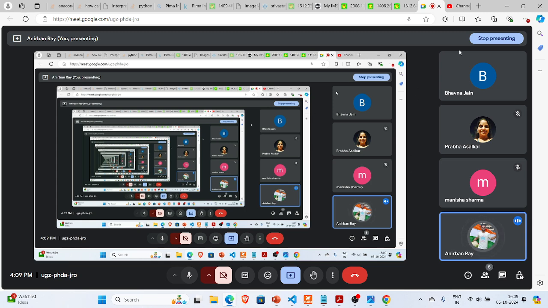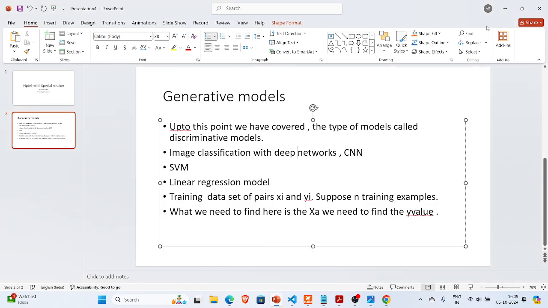Okay, so let us continue. After training that model, we are going to make predictions. For a given new xa value, we need to find the y value. Or in a more probabilistic setting, what we need is the probability of y given xa. So we have to find the distribution of y for x equal to xa.